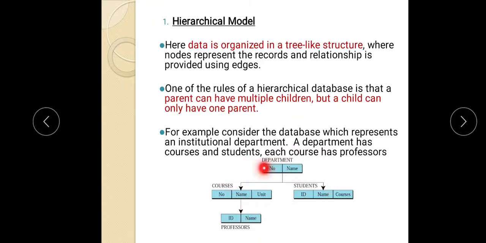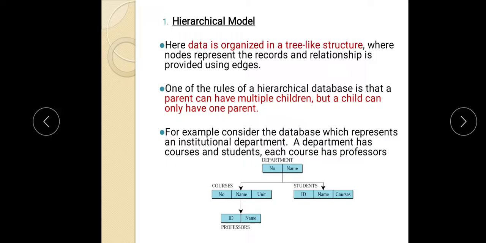This is the root node, and this is a child of this particular parent, and this is another child of the same parent. Look here, department: for each department they can have courses and students, and for each course they can have professors. Clear? So this is a tree structure, called a hierarchical model.